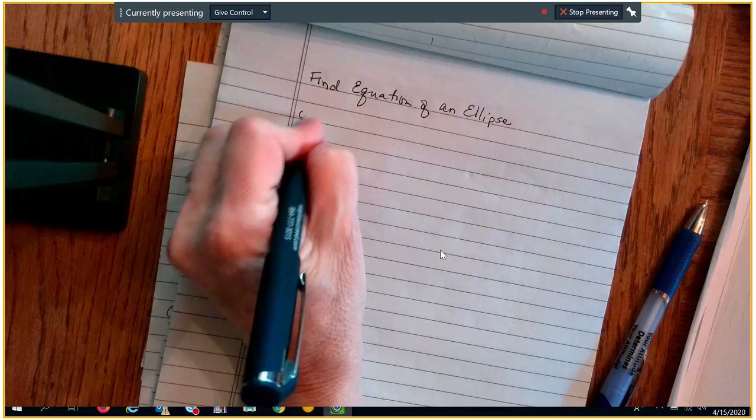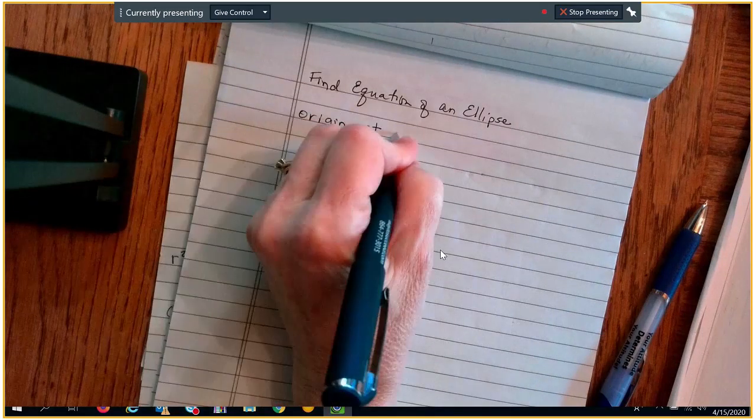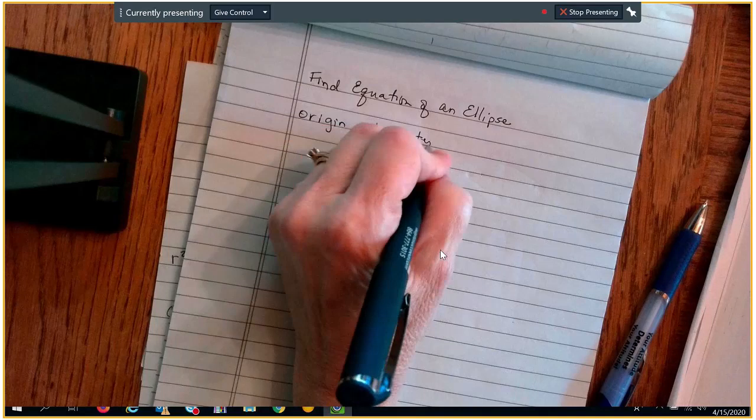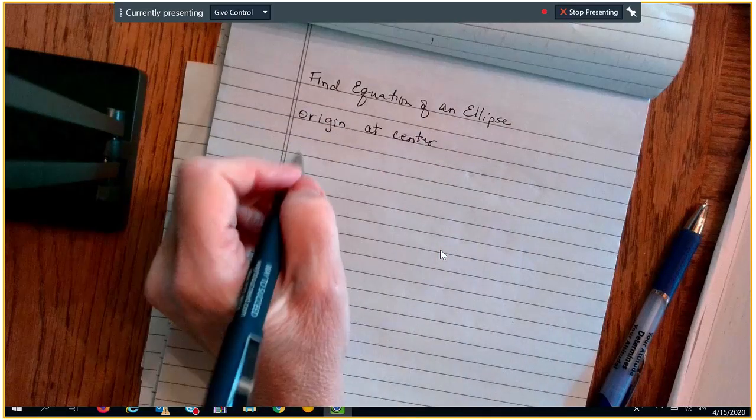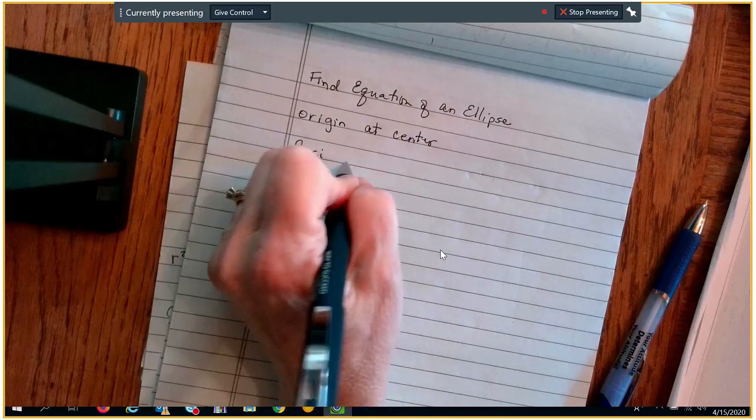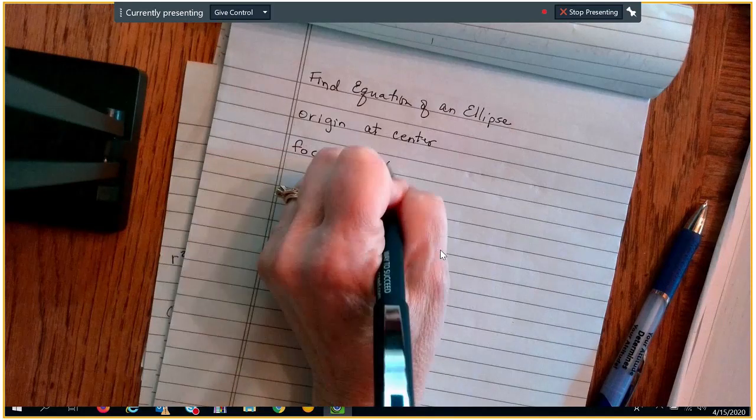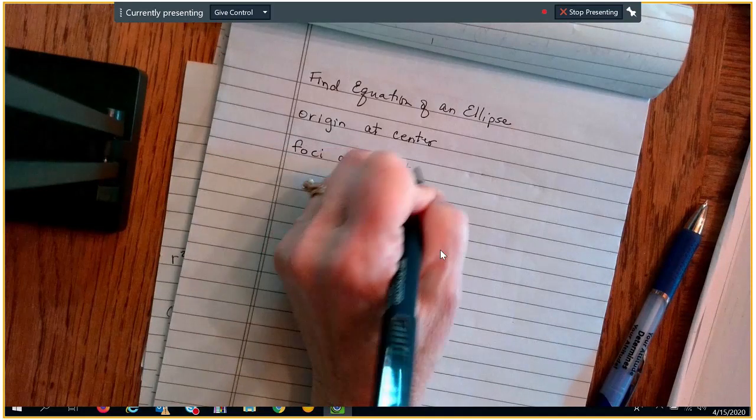So you're given that the origin is at the center. The foci are at 0 plus or minus 3.